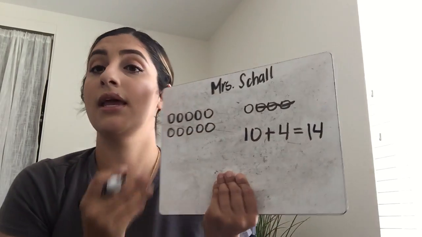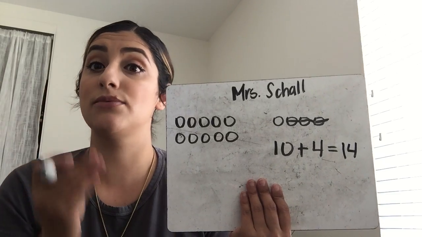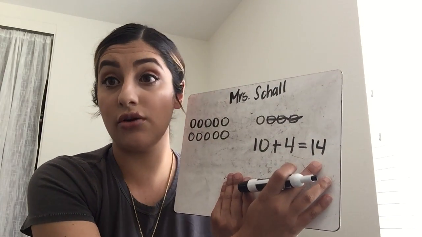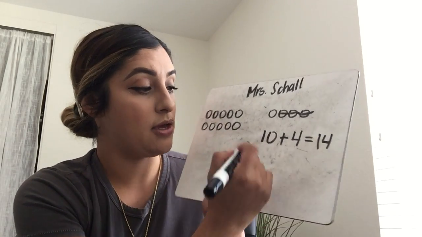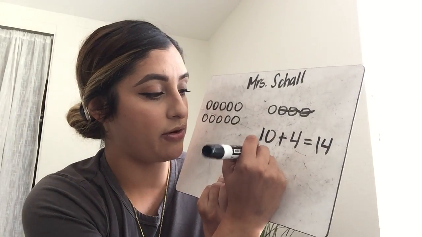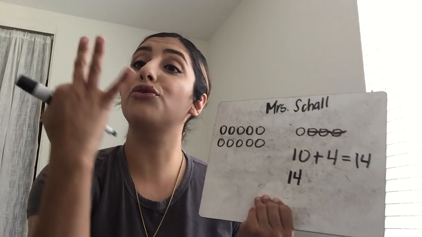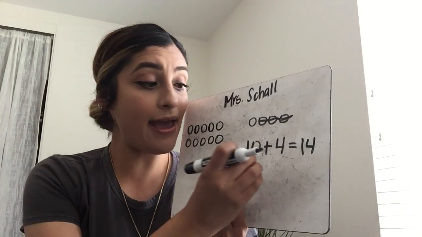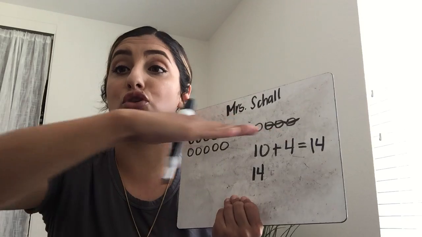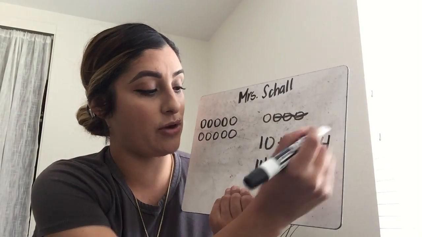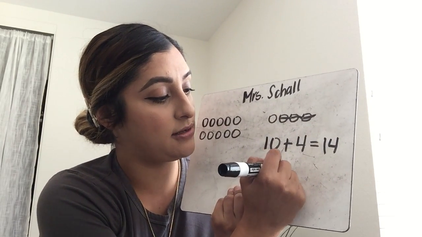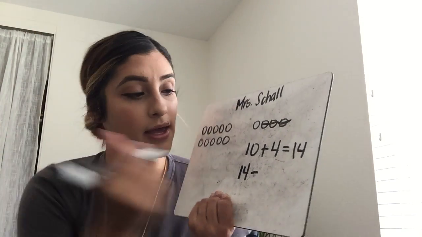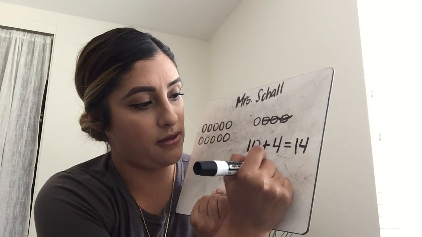Now we have to do a subtraction sentence. We had 14 birds on the grass. We just figured that out. So I had 14 birds on the grass, and then 3 of them flew away. I'm not adding, I'm going to be subtracting. So 14 subtract 3. 3 flew away equals.